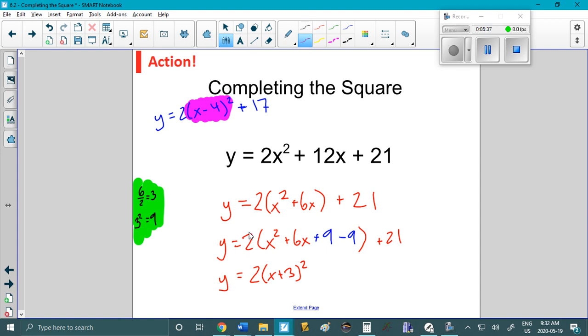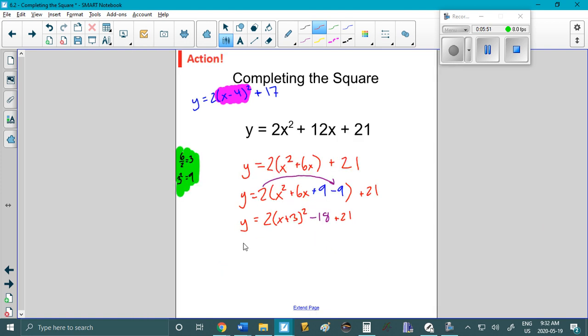So that means that that negative 9 needs to be multiplied by this 2. So we get minus 18 plus 21. Okay. And now we get y equals 2, x plus 3 squared, and it looks like plus 3.